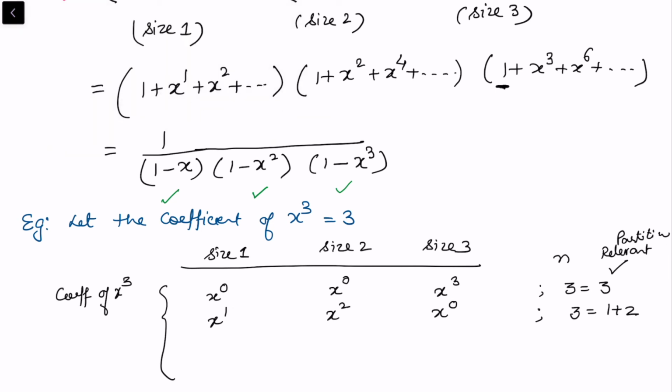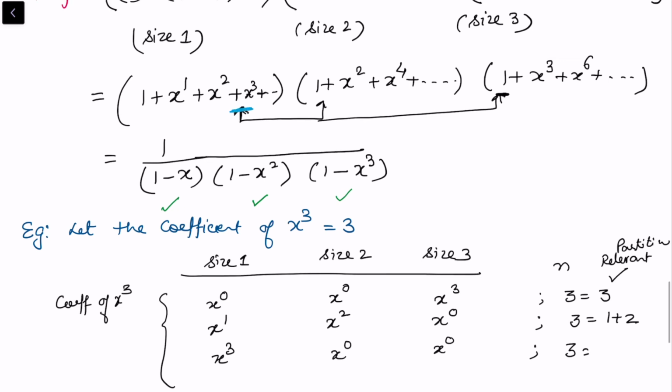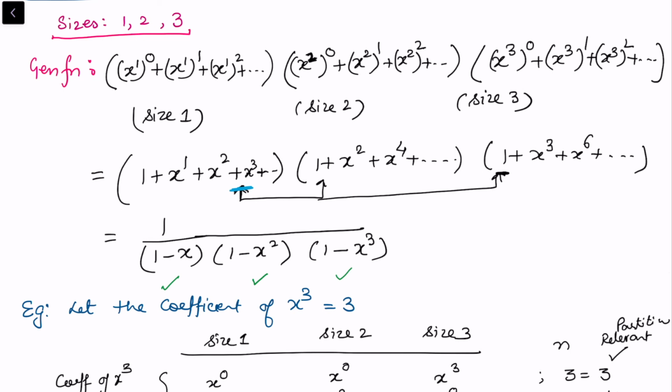In the same way, if I take x cube from the first bracket, and this x cube I multiply by the constant and this constant, then also I will get x cube. Here it is x0, here also it is x0, and in this case, since we have taken it from the first bracket, this means 1 is repeating 3 times.